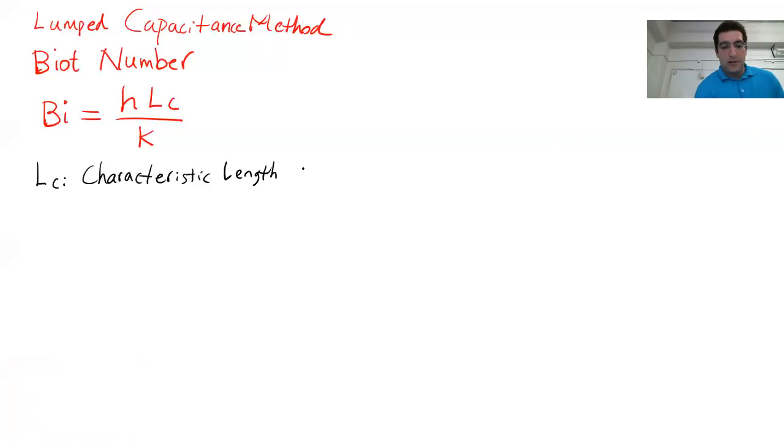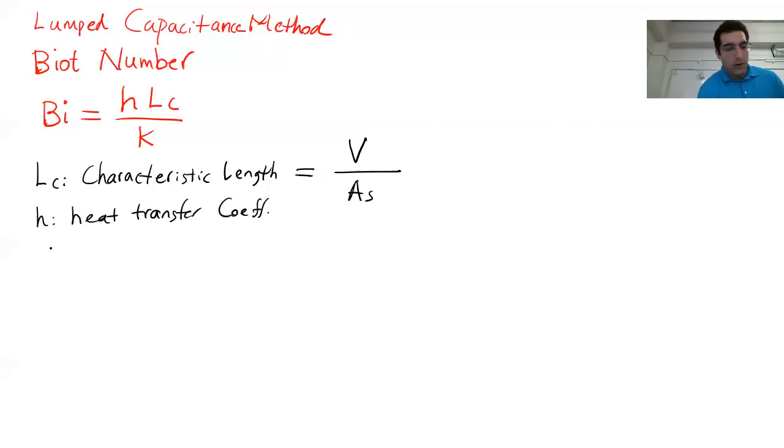And Lc is defined as volume divided by surface area. So volume of the object divided by surface area of the object gives us the L sub c. h is heat transfer coefficient, and k is thermal conductivity.